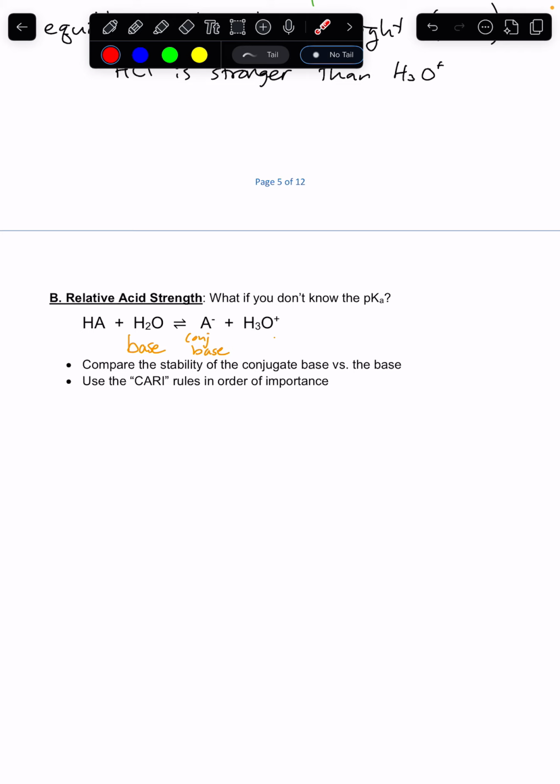Hope that makes sense. To evaluate the stability of anything, you can use the CARI method, and this really deserves underlining and great emphasis. This helps you evaluate relative stability.